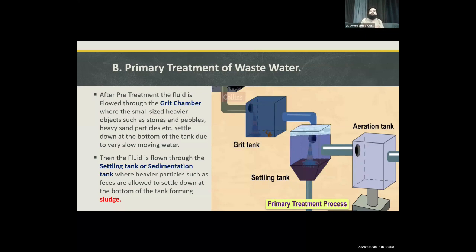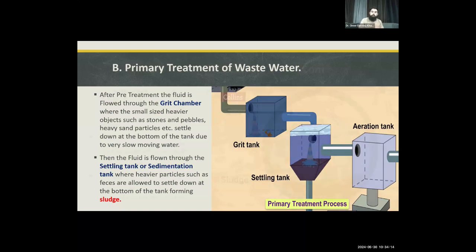So sludge is basically a semi-solid slurry of wastewater containing the majority of organic waste material that settles down at the primary treatment process.